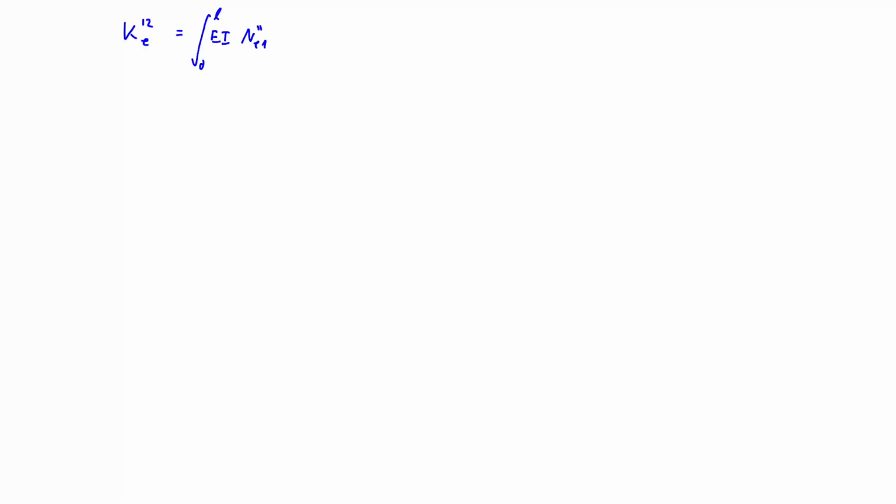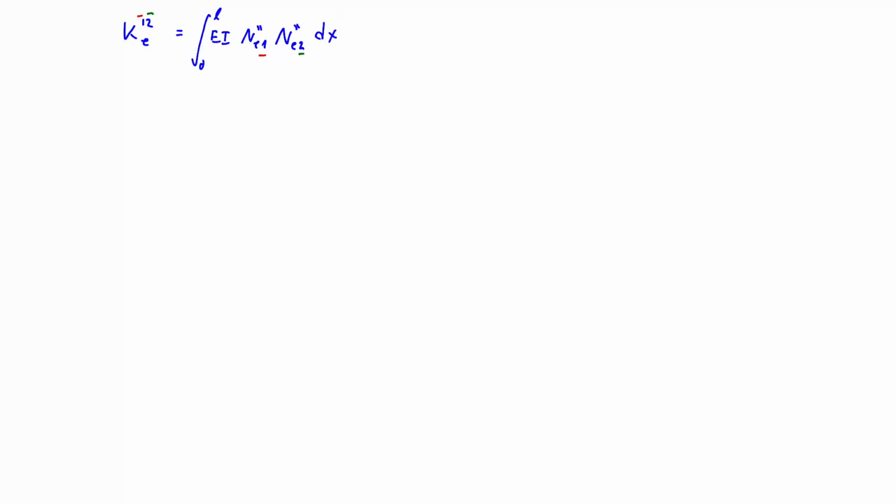So this index 1 refers to the row number in the stiffness matrix. And this should be multiplied by the element interpolation component 2 differentiated twice. So the index 2 refers to the column number. And we integrate this with respect to x.